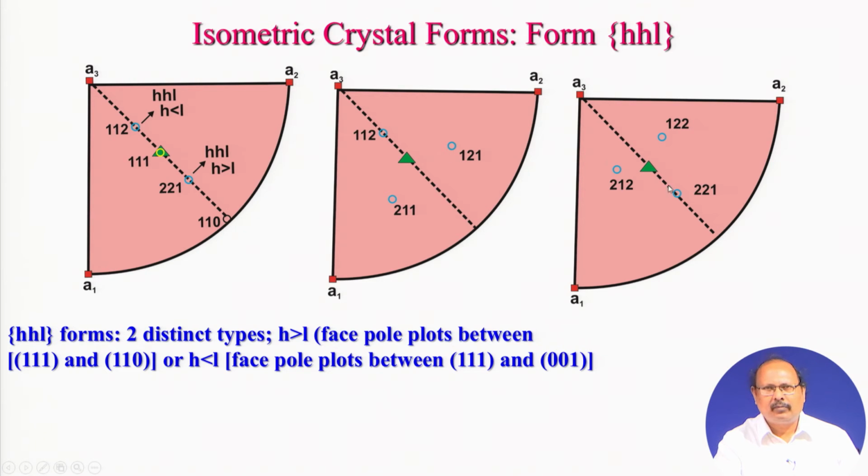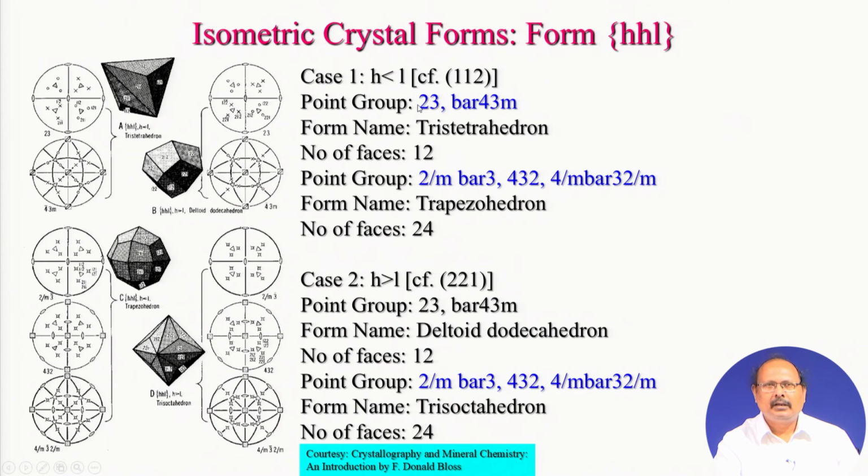Whereas, if you have the starting face 2 2 1, the triad will act upon it, and after 120 degree rotation it will produce 1 2 2, and this is the 2 1 2 face. So, these two fundamental types of motifs with a starting motif 1 1 2 or 2 2 1 can now be acted upon by the 5 point groups of symmetry in the isometric system, and let us see what happens here. This is the one where H is less than L.